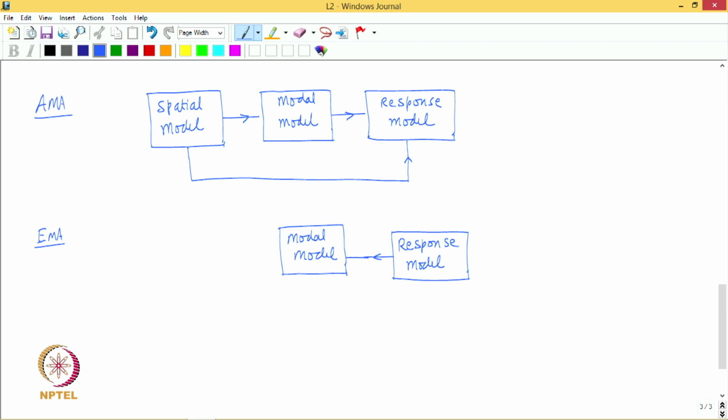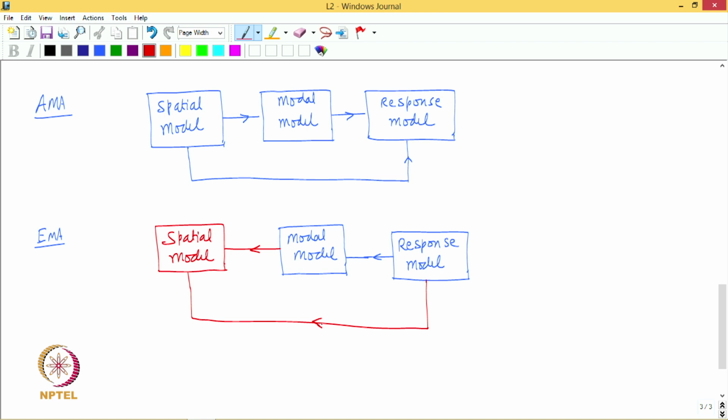So, theoretically speaking, it should be possible to obtain the spatial model from the modal model or the response model, right. So, if I write here the spatial model, from this, or even from the response model, it should be theoretically possible to obtain the spatial model.